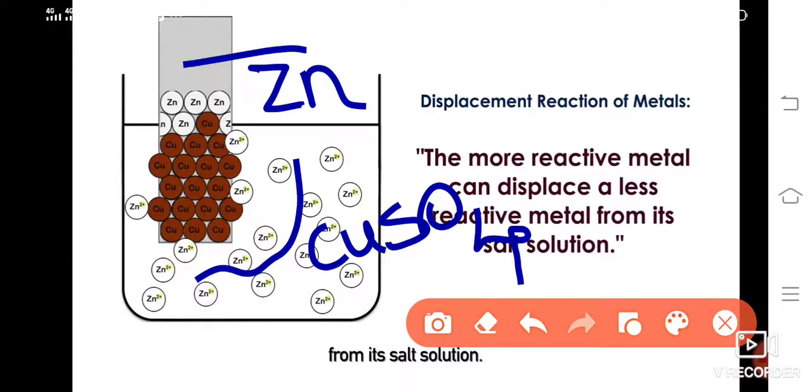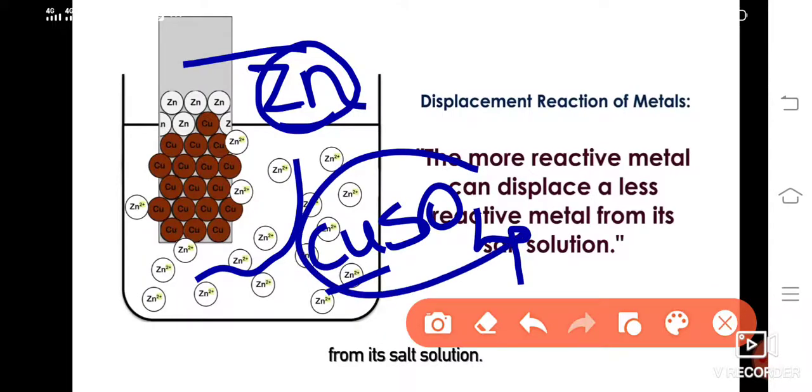Now what happened was, the zinc metal being more reactive than copper, in this solution of copper sulfate, this copper is going to be displaced by zinc. Why? Because zinc is more reactive than copper, hence copper will be replaced by zinc.